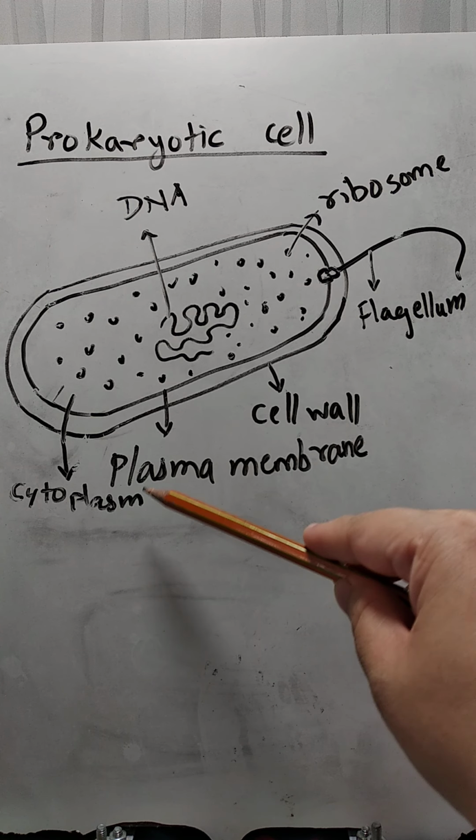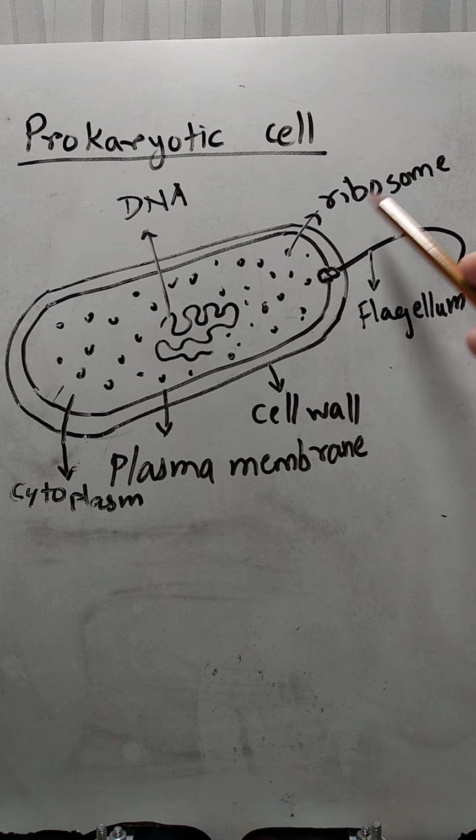Then ribosomes are present. Remember one thing always: in prokaryotic cells, membrane-bound organelles are absent. We will be studying all the membrane-bound organelles afterwards, but always remember that ribosomes and cell wall are not membrane-bound organelles. So what are the different membrane-bound organelles? Membrane-bound means which has a membrane on it, right?